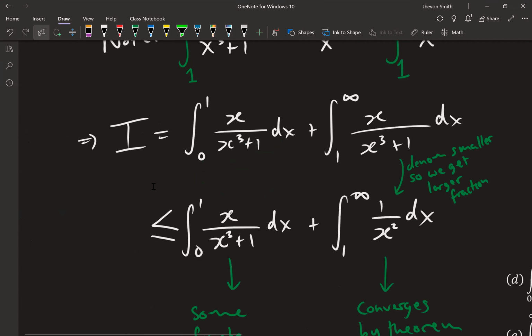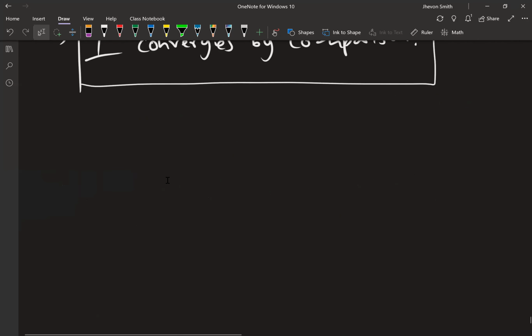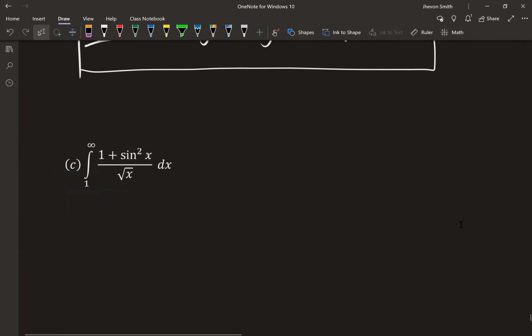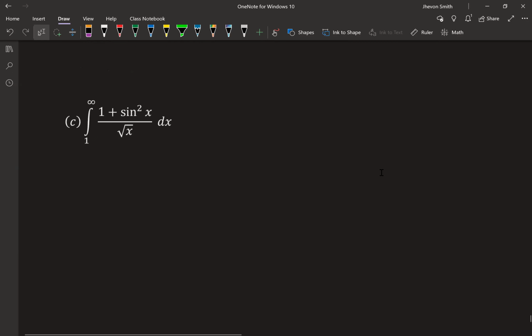Here's another one with a trig function. And normally this is how you want to think of methods. When I give you a method, like the strategy for how you approach integrals, really the strategy is just a way for you to identify what is the simpler thing that I'm not seeing.